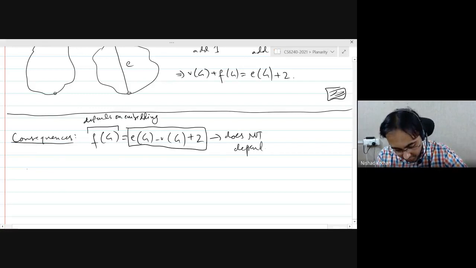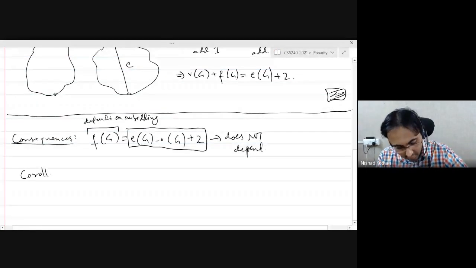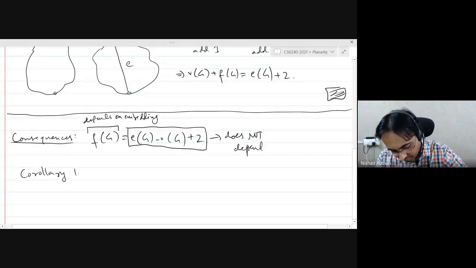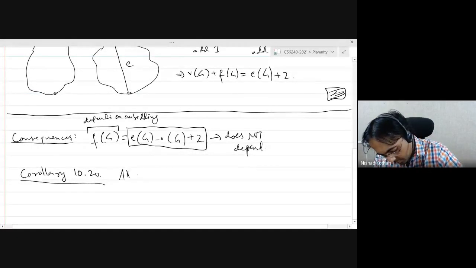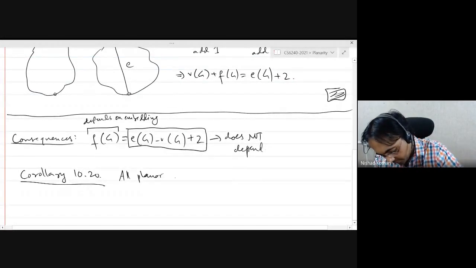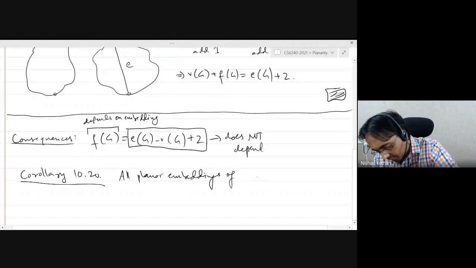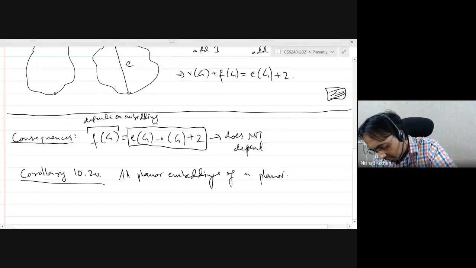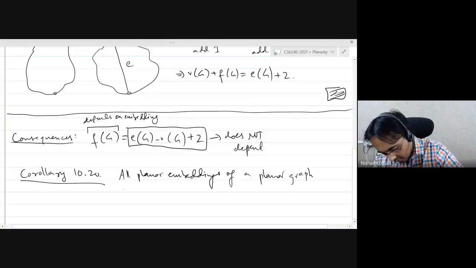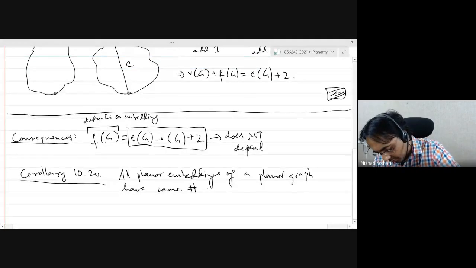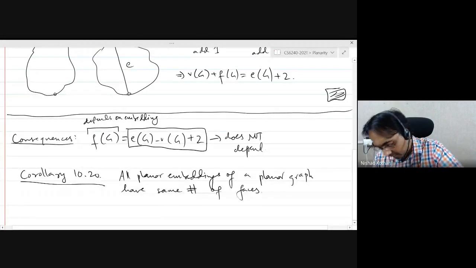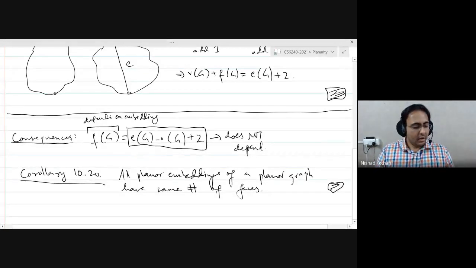So that's a corollary 10.20. All planar embeddings of a planar graph have the same number of faces. Okay, good.